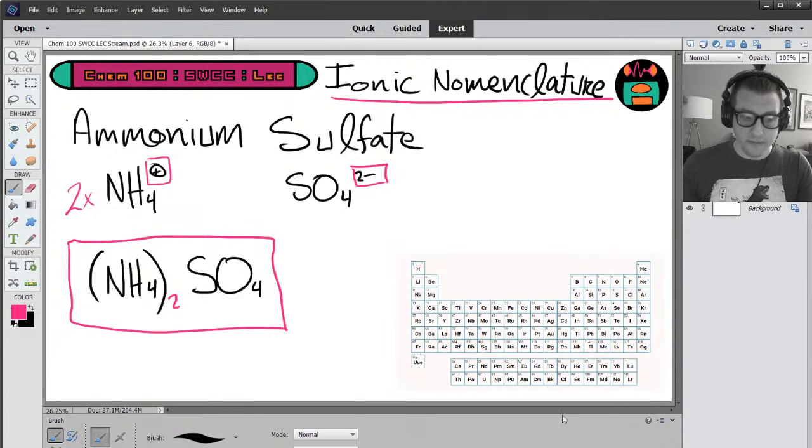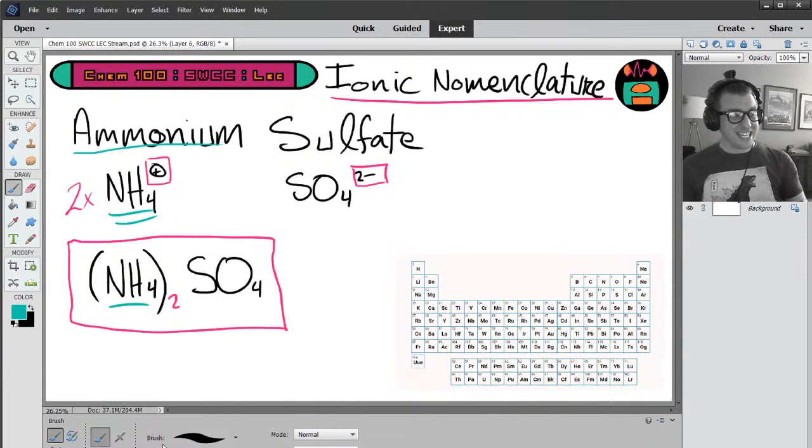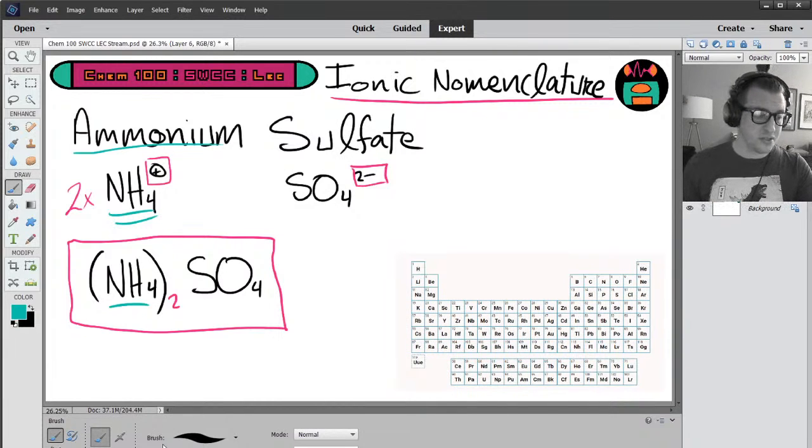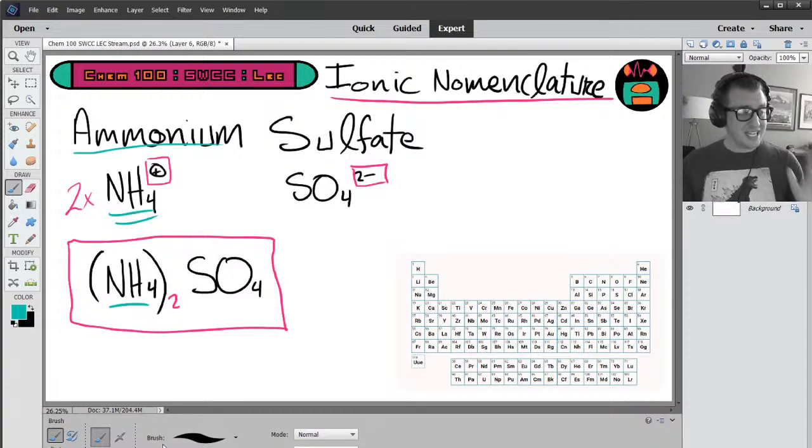Ammonium is a cation with no metal in it. So that is the exception to the rule. And now you can see it's not this terrible thing you got to remember, or this horrible memorization thing that's confusing. It's just, oh yeah, a positive polyatomic ion, that's our cation. Naturally, there's not going to be a metal. All right, so it's not world ending.